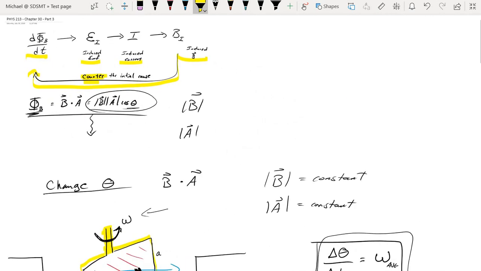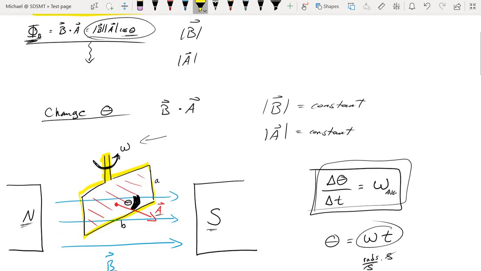I will admit, the first time that I went through and I was studying induction, I was really lost because we keep saying that induction has to counter what's happening in the system. And the easiest way that I can think of to keep all that information straight is imagine that you are physically the one that is responsible for doing this action right here. You are the one that has to spin that coil, and you're the one that's causing everything else to happen.